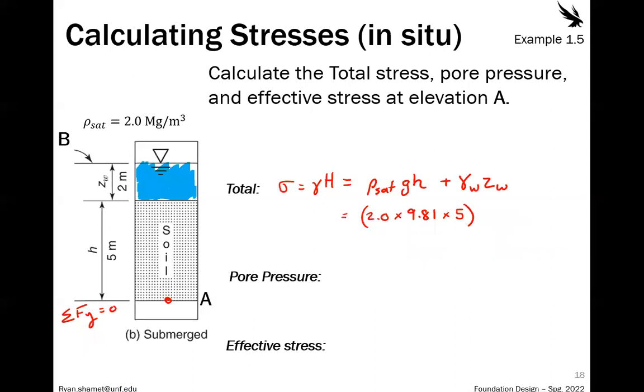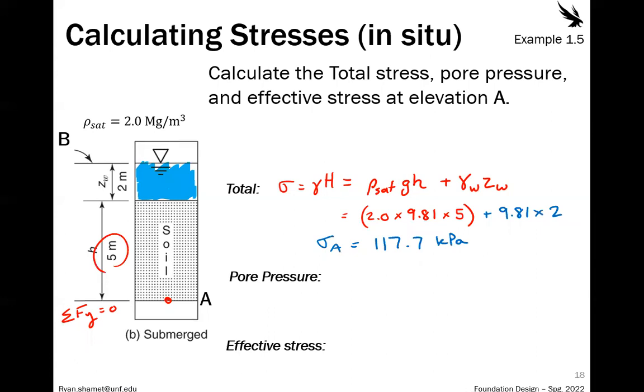Times 5 meters, since that's the weight of the soil, and then the weight of the water above that is going to be 9.81 times 2 meters. This is going to be a little bit higher, 117.7. Again, this makes sense because we're adding more material, so our total stress should be higher this time.